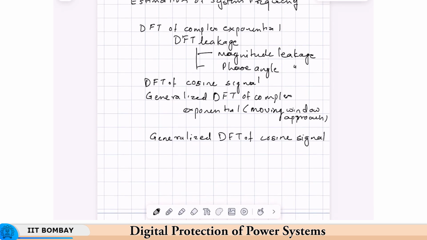Then estimation of system frequency for single phase systems.